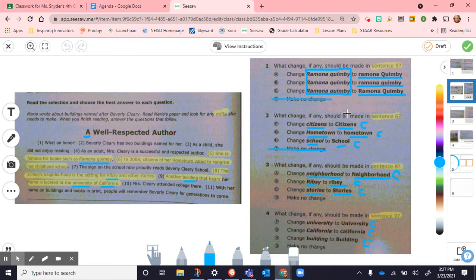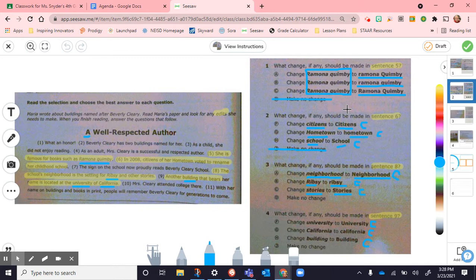We were talking about common nouns and proper nouns, and how if it's a common noun and not a specific place or a specific person, it needs to be lowercase, versus a proper noun. If I'm talking about a specific person, like if I say my name, I am a specific person, so my name needs to be capitalized.